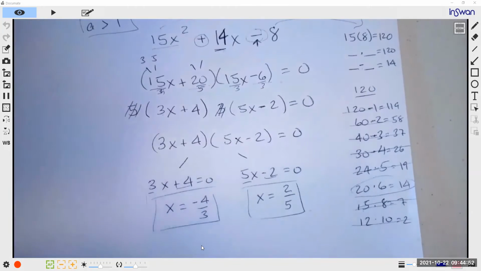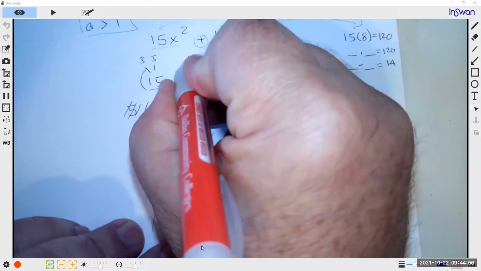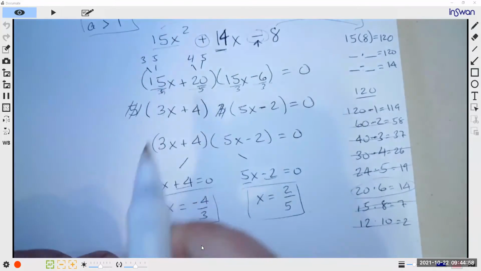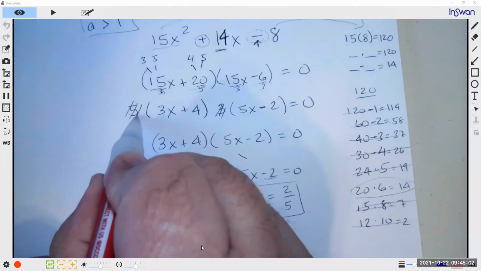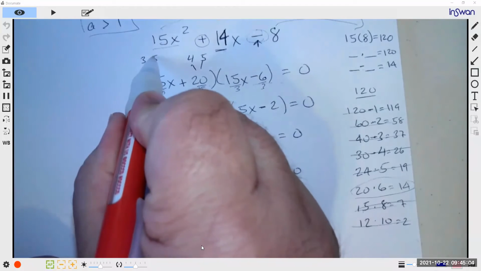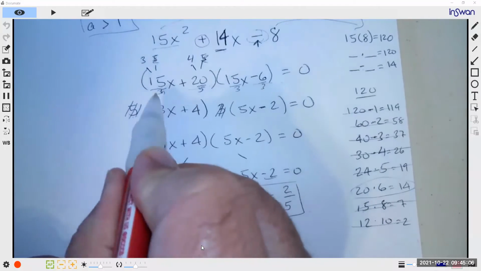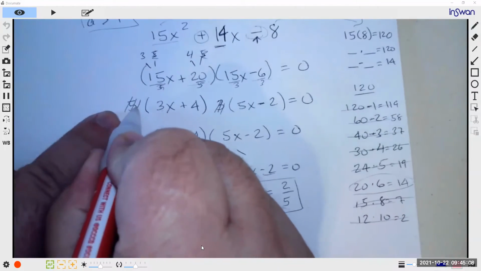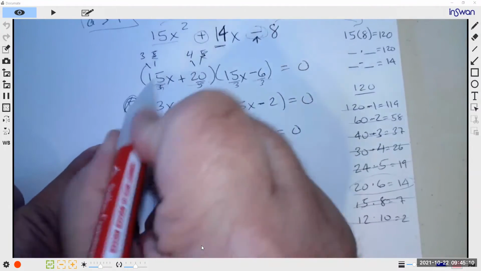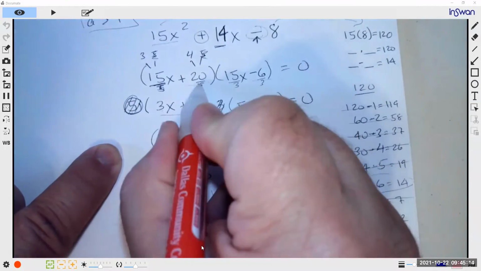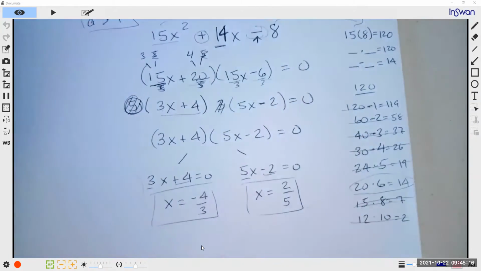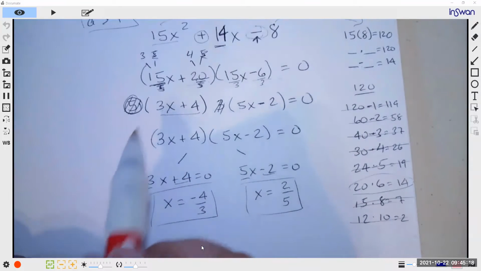And 20 is made up of what? 4 times 5. They both have a 5 in common, so I took out a 5. Whatever you factor out here, to figure out what goes in here, divide both terms by what you factored out.